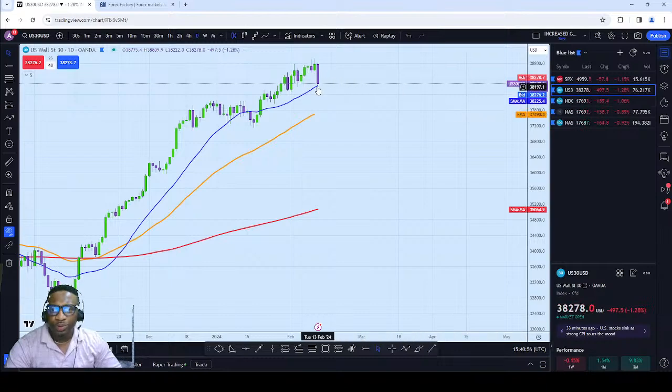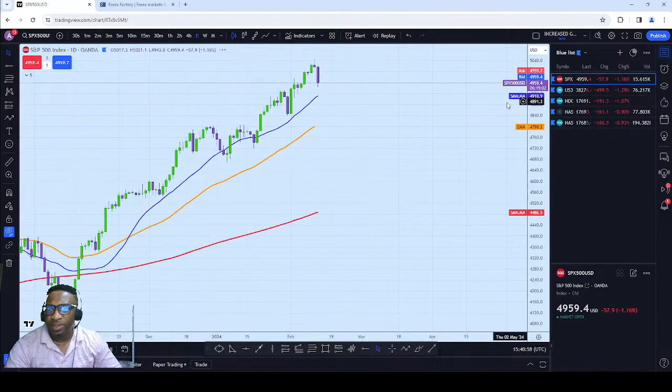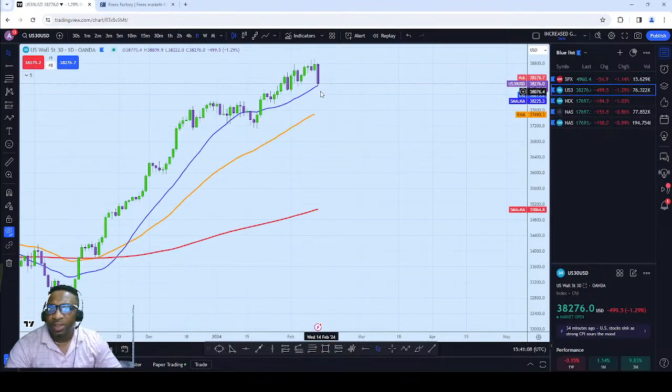US 30 also got to the same point. SPS did not even touch the moving average yet, but if you see where NAS got to, it's almost the same as US 30. So if NAS is pulling back, there's a high probability that US 30 will follow suit and also pull back.